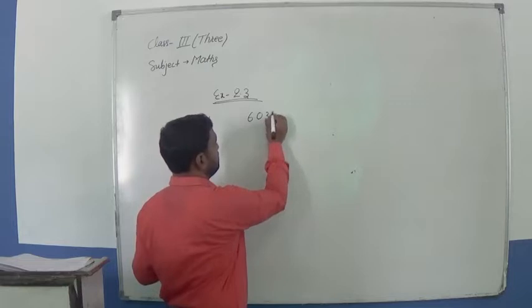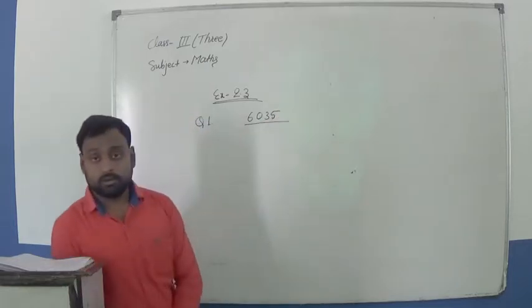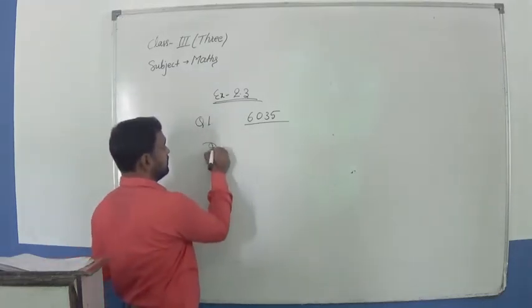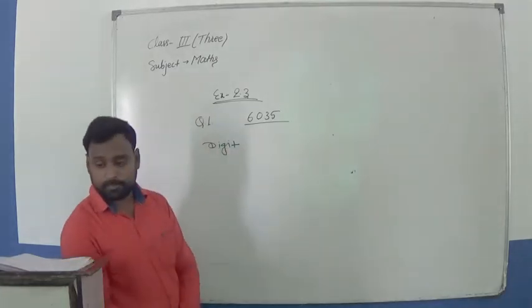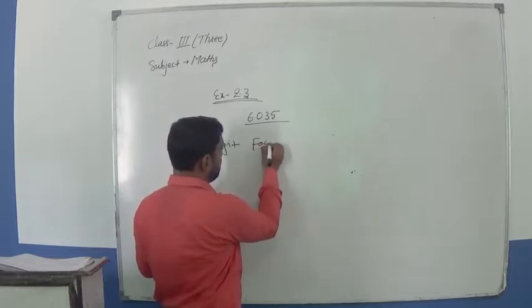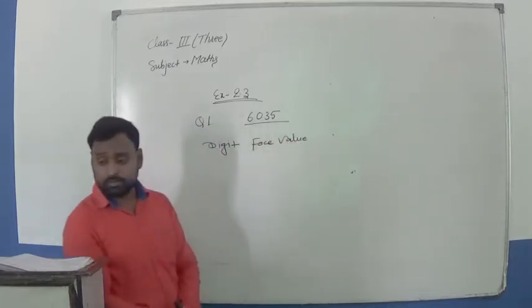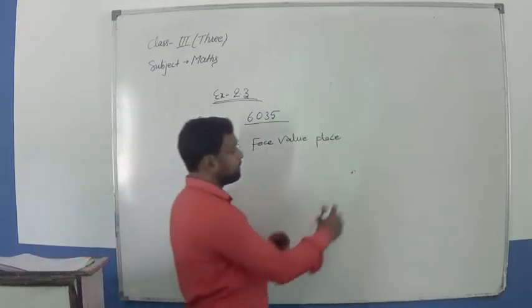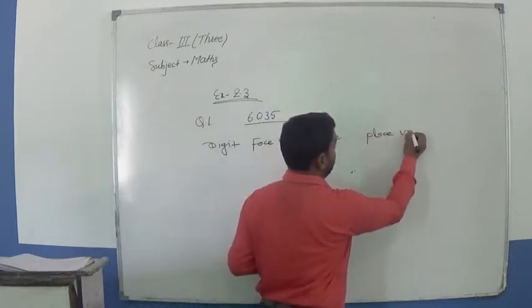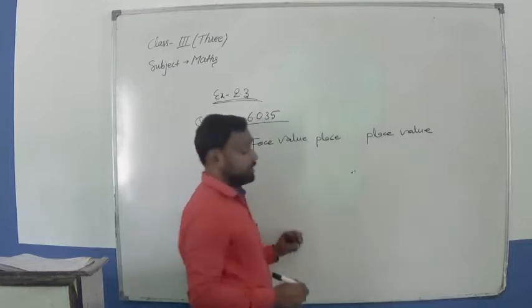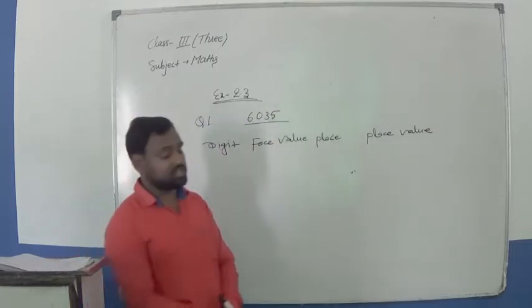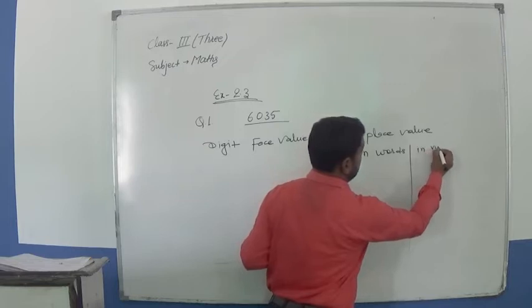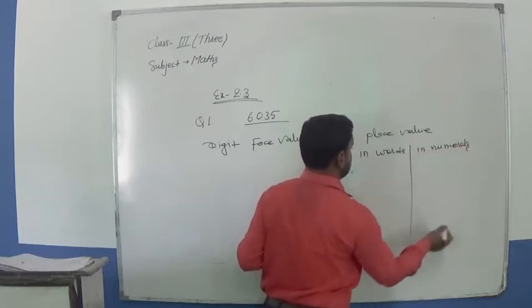We have the number 6035 and we are given a chart which we have to fill: digit, face value, place, value in words and in numerals.